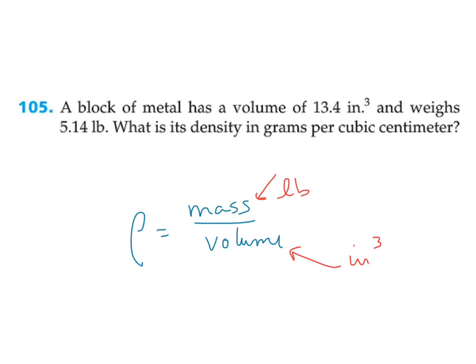So you're going to fix your pounds to ultimately get to grams, and fix your cubic inches to ultimately get to centimeters cubed, and then get the density. That's fine.